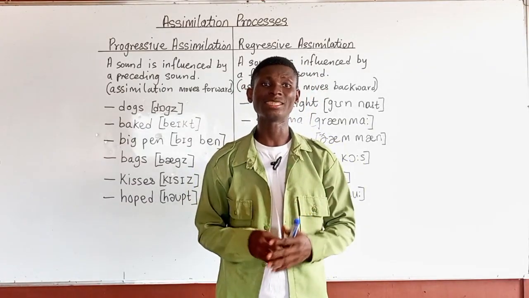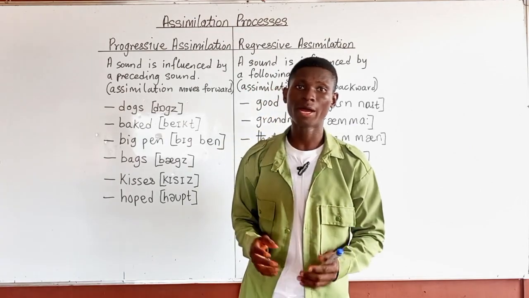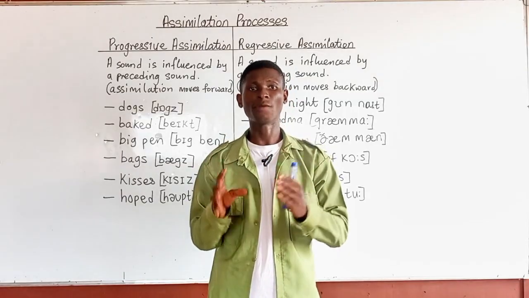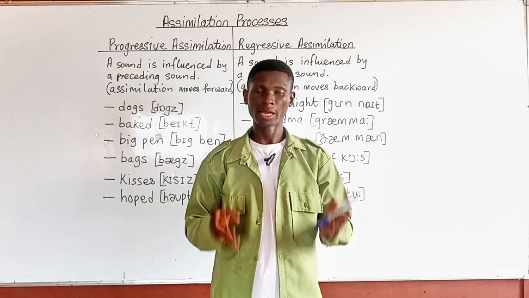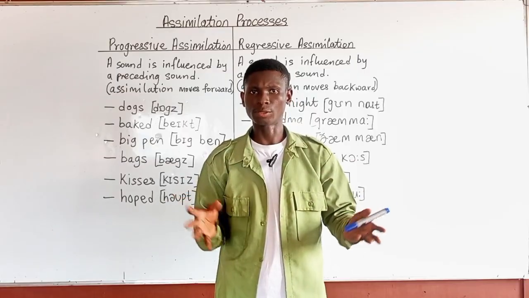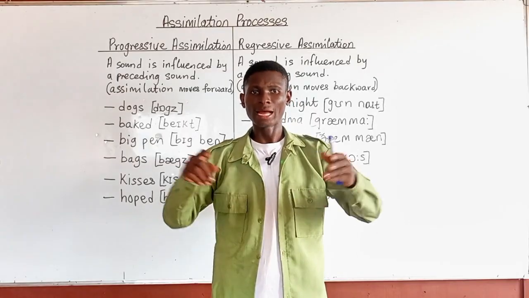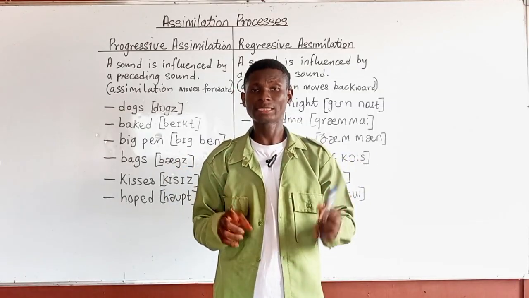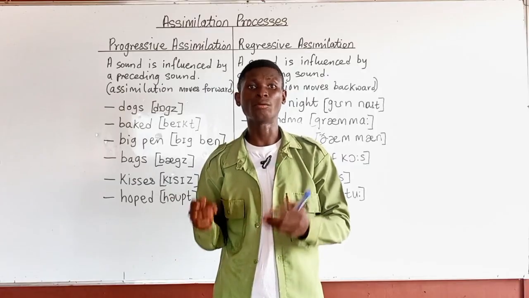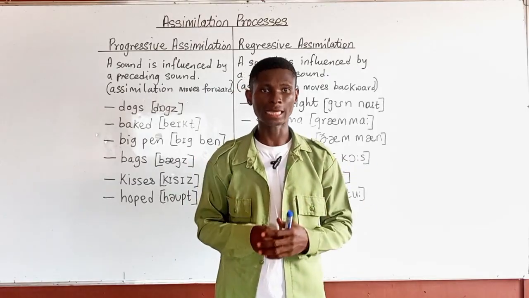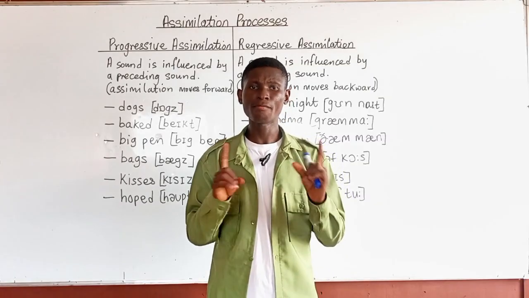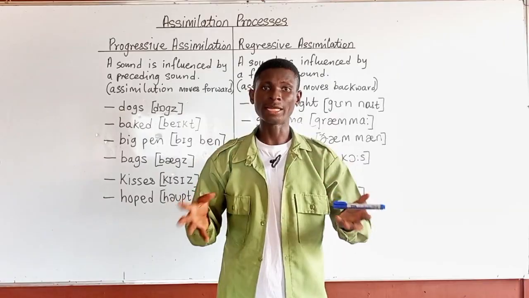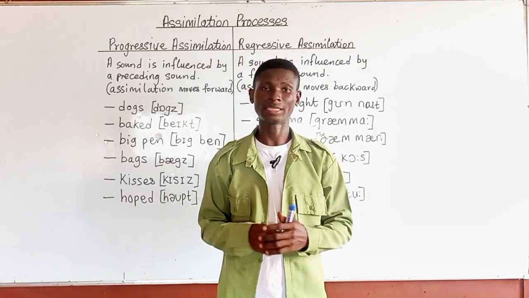Assimilation is a situation whereby a particular sound gets the features of another sound. In other words, the feature of the sound in a particular phonological environment affects the preceding sound or the following sound. So again, we made mention of certain causes of this particular concept of assimilation.